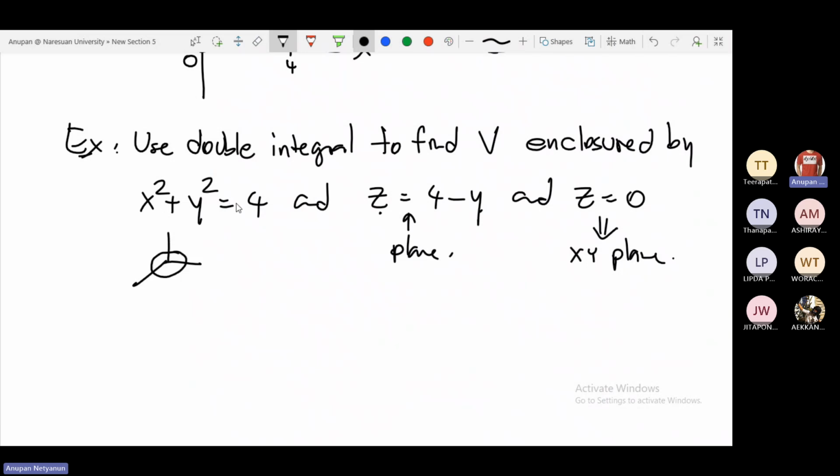And since z disappears, you stretch it, right? Along the z-axis. Okay. So it's going to be a cylinder.